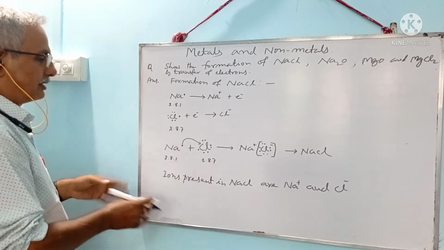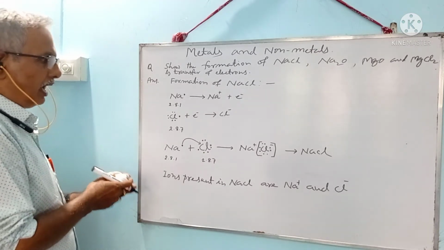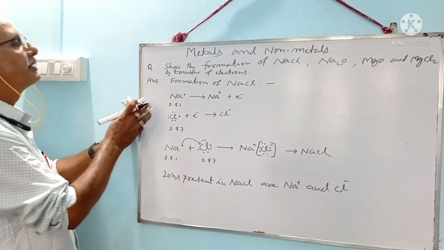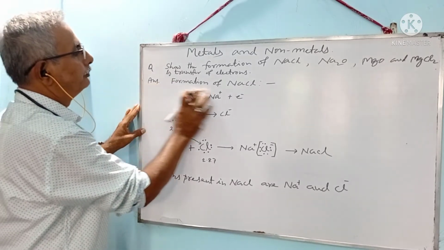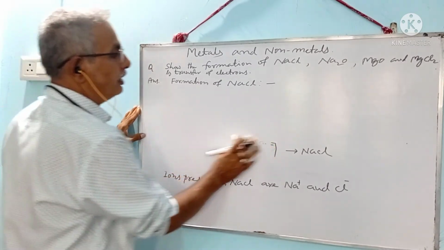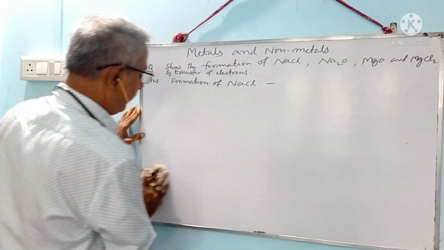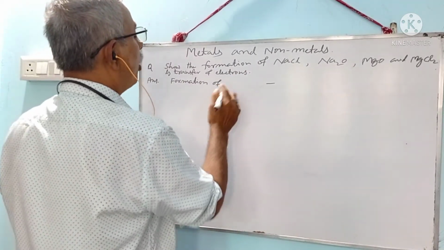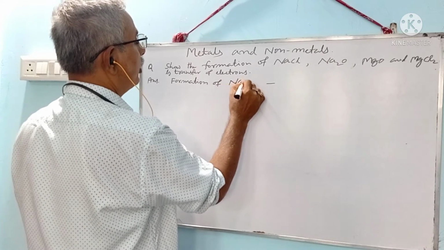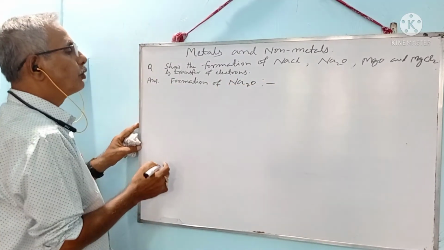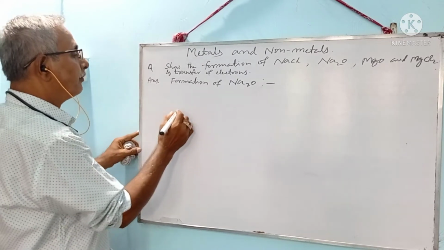Now second case. I hope you understood. I am going to rub it to get some space. Dear friends, now I am showing the formation of sodium oxide. Here you see, in the case of sodium oxide, what happens?